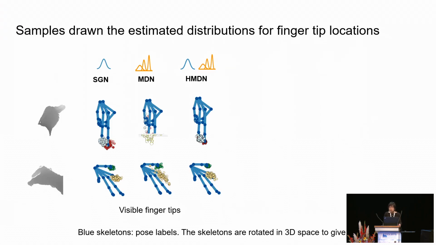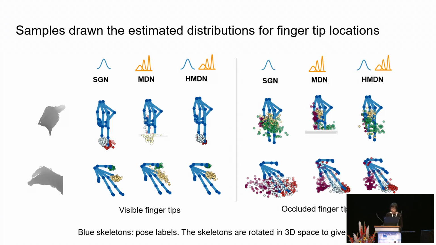And then we draw 100 samples for each fingertip. For the visible joints, samples from SGN and HMDN are compact and near the ground truth. While the samples from MDN, we can see in the middle, are scattered in a larger region compared to the other samples. And for the occluded joints, samples of SGN span a very large region. You can see the samples for different tips are heavily overlapped with each other.